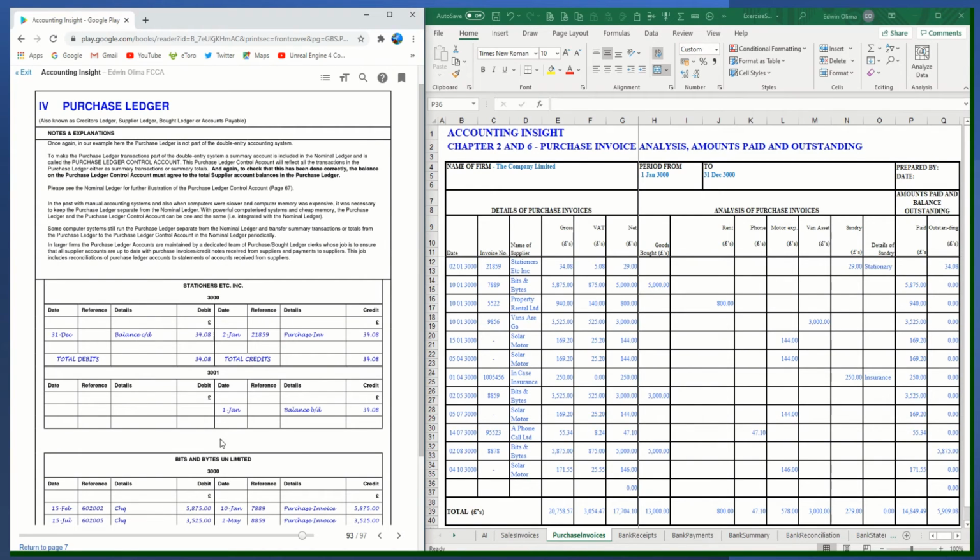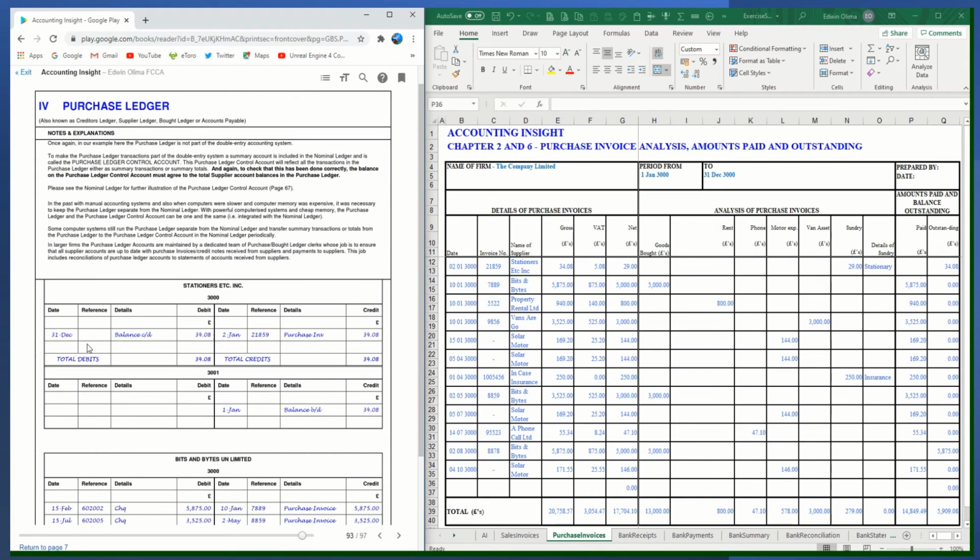But you can see for the first supplier here, Stationer ETC Incorporated, you've got the invoice that we received from them, £34. We haven't paid them anything. We're closing off the account at the end of the year, so we're starting the new year.